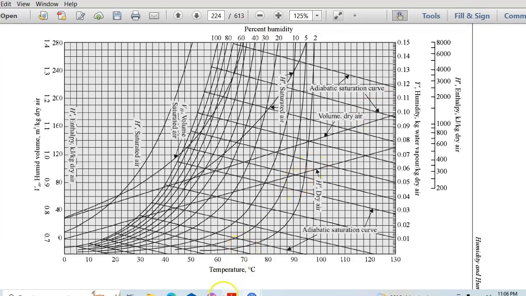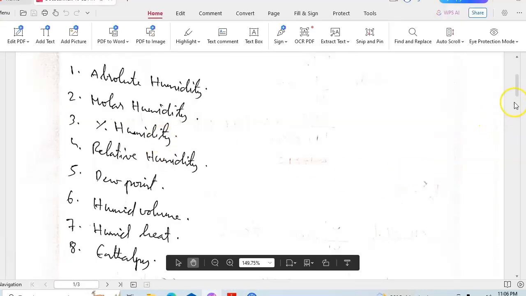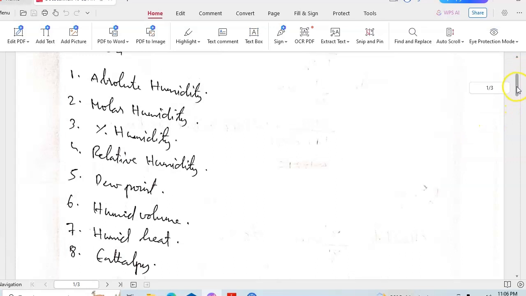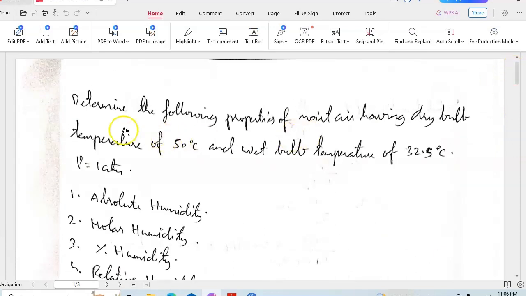Here we have two pieces of information, two properties: the dry bulb temperature as 50 degrees Celsius and the wet bulb temperature as 32.5 degrees Celsius.